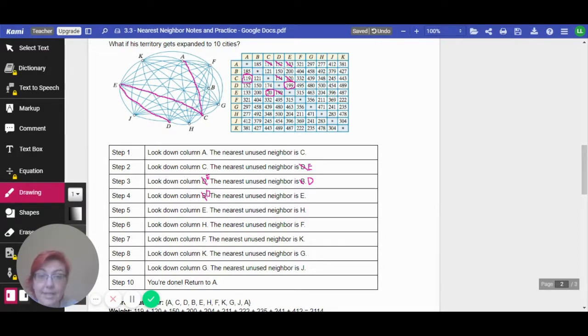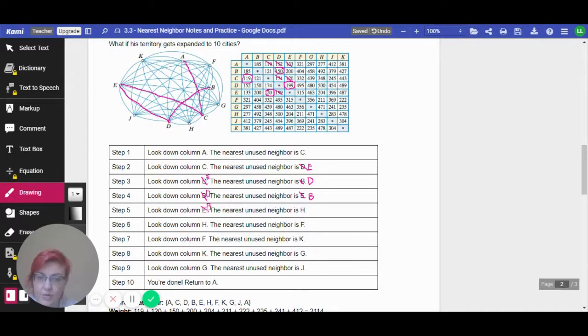Looks like it's B for 150. All right, so from D, I'm going to B.